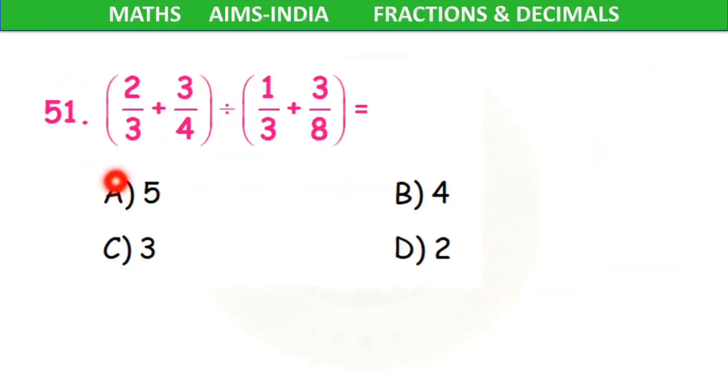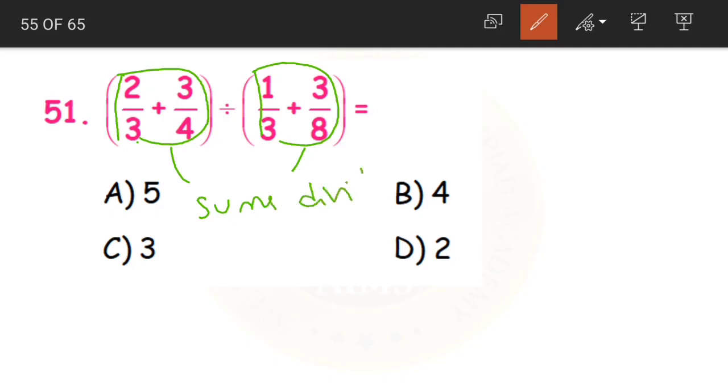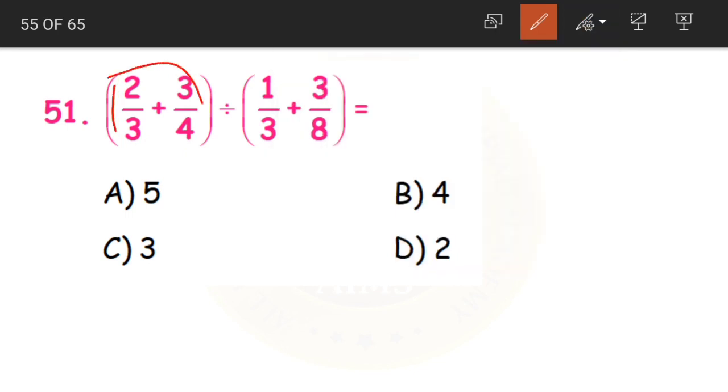Next question 51. 2 by 3 plus 3 by 4 divided by 1 by 3 plus 3 by 8. See, children, we have to add these two together and again add these two together, and then divide their sums. Coming to the first one, 2 by 3 plus 3 by 4. The LCM of 3 and 4 is 12.